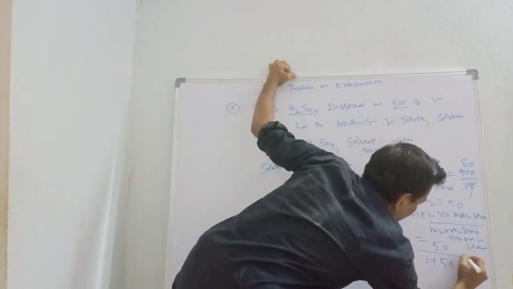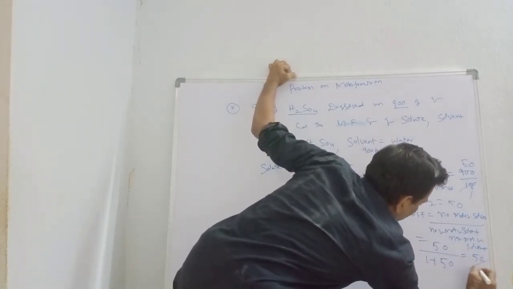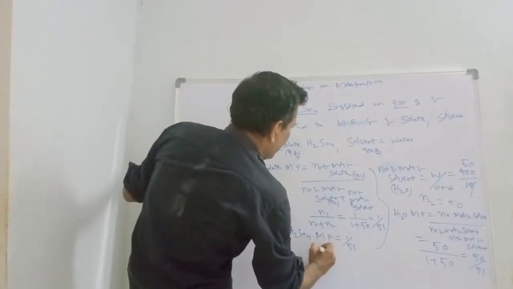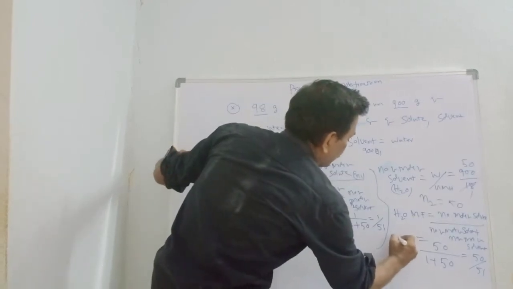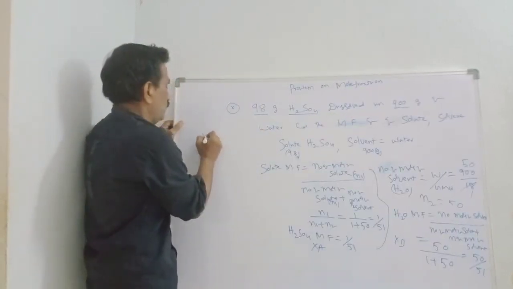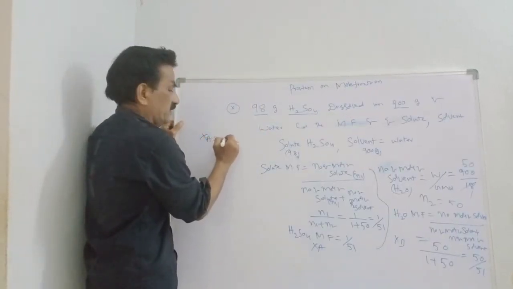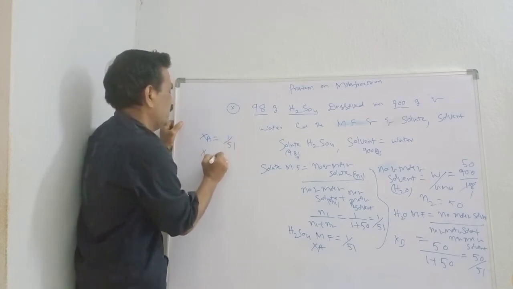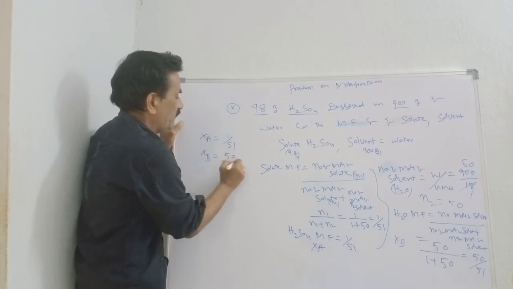So this is nothing but 50 upon 51. So you say XA, you say XB. Mole fraction of solute XA is 1 by 51. Mole fraction of solvent XB is 50 upon 51.